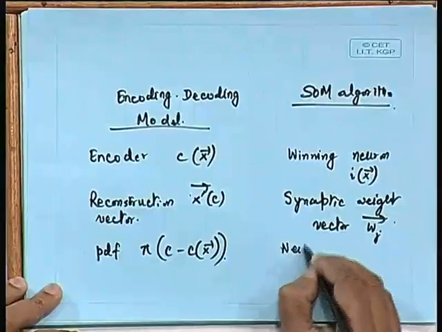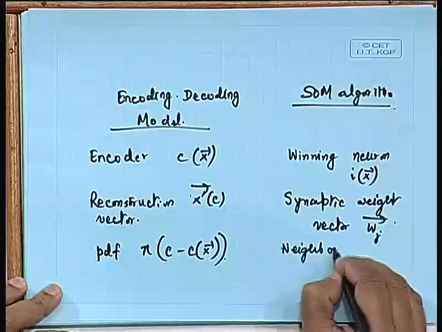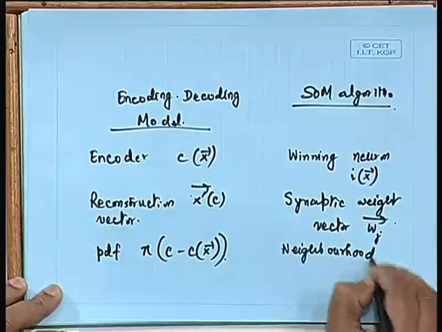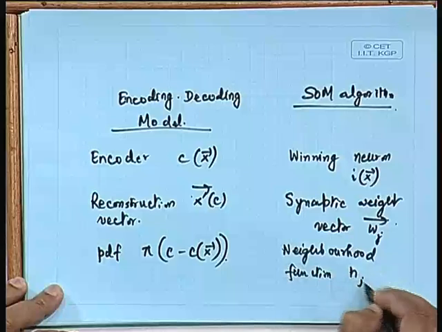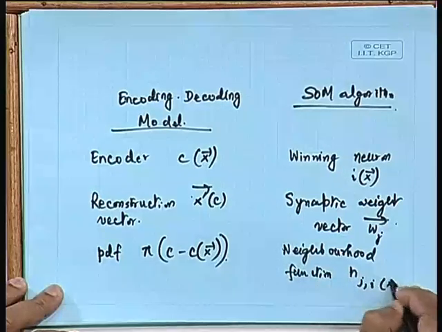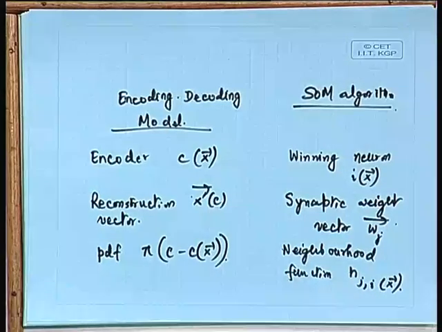Noise means, equivalent to that, there is a neighborhood function: not only the winning neuron, but we are also exciting the neighborhood of this. So, the equivalent in self organizing map is the neighborhood function h of j i x vector, right.